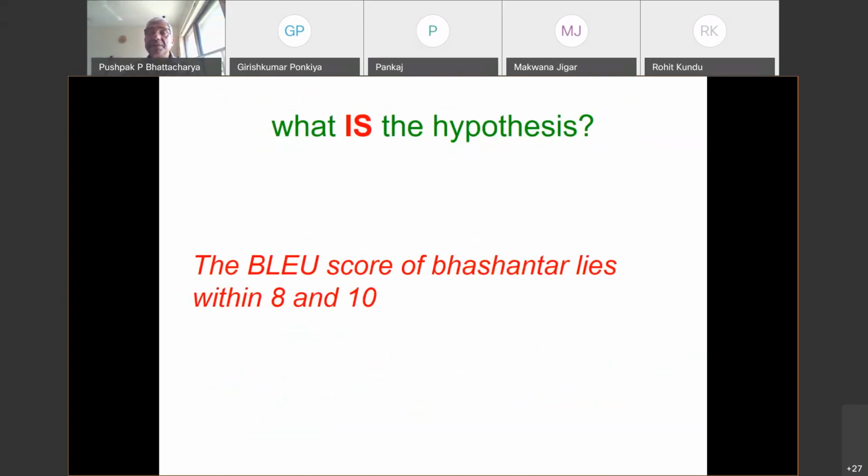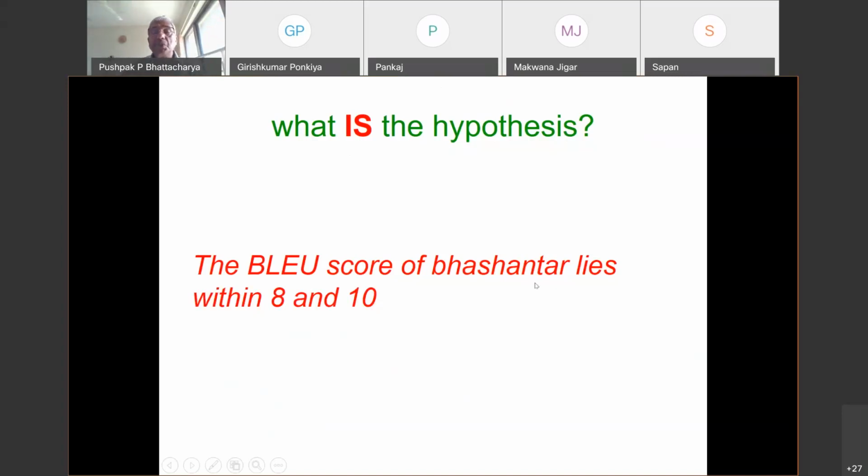Sapan has asked a question. Sapan, can you repeat the question? So when we say cannot reject, does it mean we accept? Good question. So what is the hypothesis in this case?